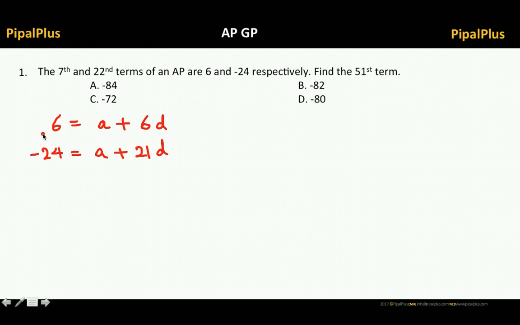So when we subtract the first equation from the second equation, a cancels a. 21d minus 6d will give us 15d. So on the right hand side we are left with 15d. On the left hand side we have minus 24 minus 6 equals minus 30, right?